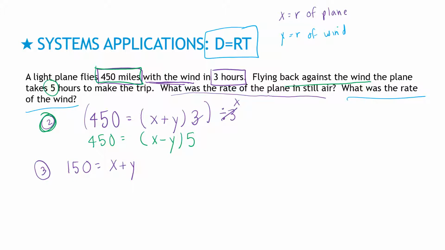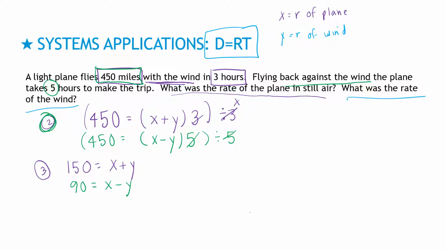And then I'm also going to do the same thing with my other equation. I'm going to divide everything by 5, not 3. Dividing 450 by 5 gives me 90. This 5 and this 5 cancel because it's 5 divided by 5, which leaves me with x minus y.